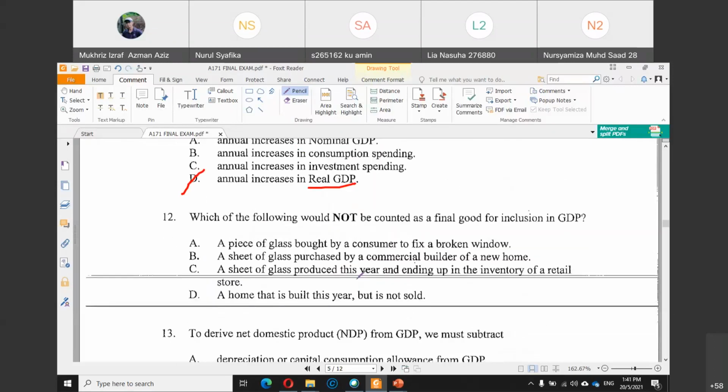Number 12, which of the following will not be counted as final inclusion of GDP? Of course it's not mentioned here, but this is actually about the value added approach.